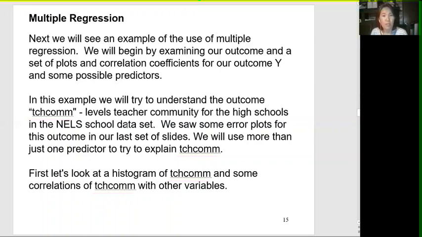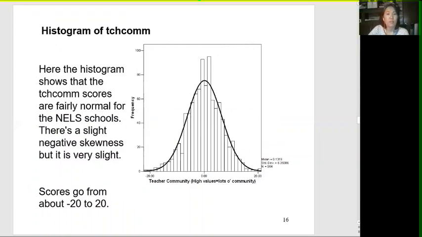First, let's look at the histogram. So this is pretty normal, even though the mean says 0.1319, not 0. So the mean is higher than 0, which means slightly negative skewed, but this small deviation is okay.